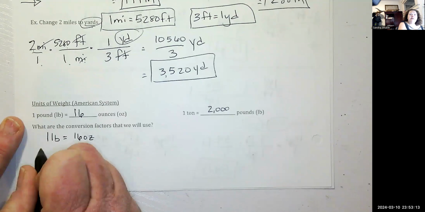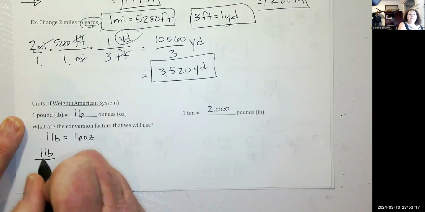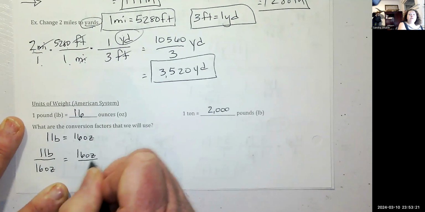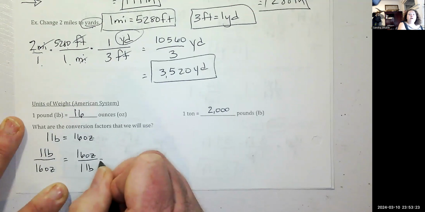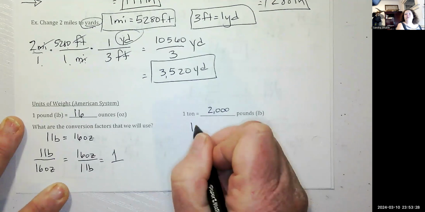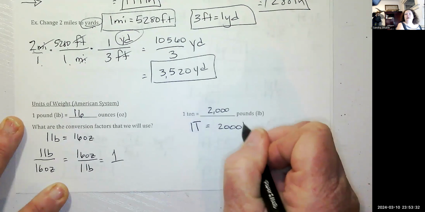I literally just see them like that. But if you need to see them as the other factors, LB is pounds. 1 pound is 16 ounces, which is equal to 16 ounces over 1 pound. And those are all equal to 1. 1 ton, so it's capital T, is equal to 2,000 pounds.